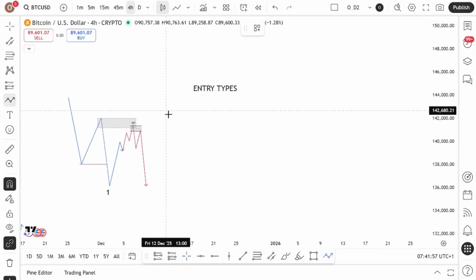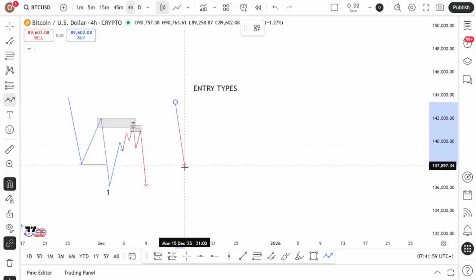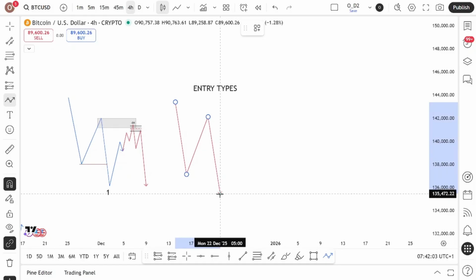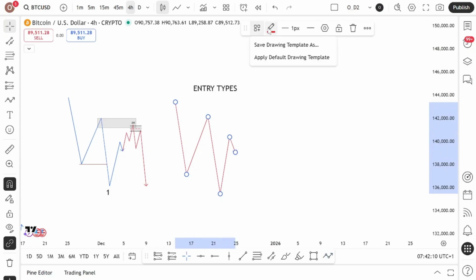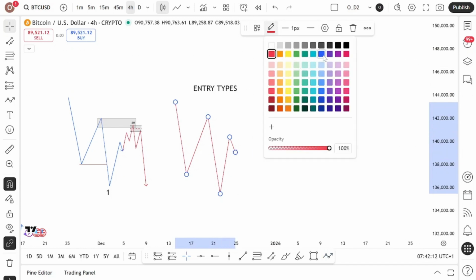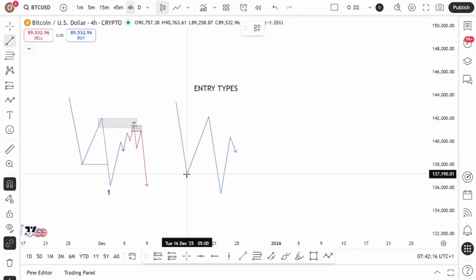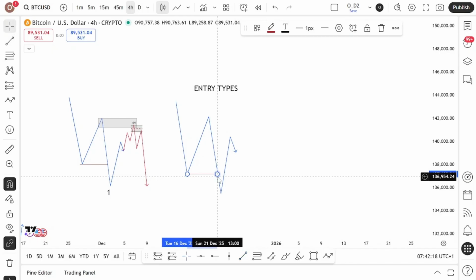Just straight to the point, I'm not wasting your time. Now let's say we are bearish. Still we have a break, and now we are having a pullback. So I'm just going to change this back to blue. This is your 4 hour structure, and then your 4 hours start pulling back.